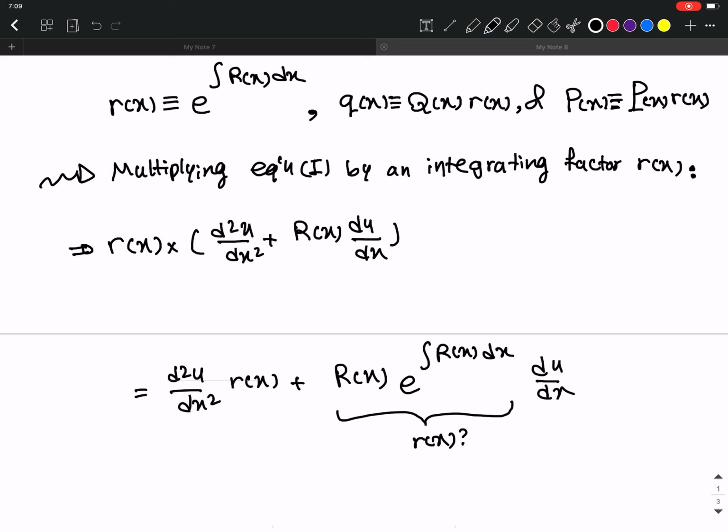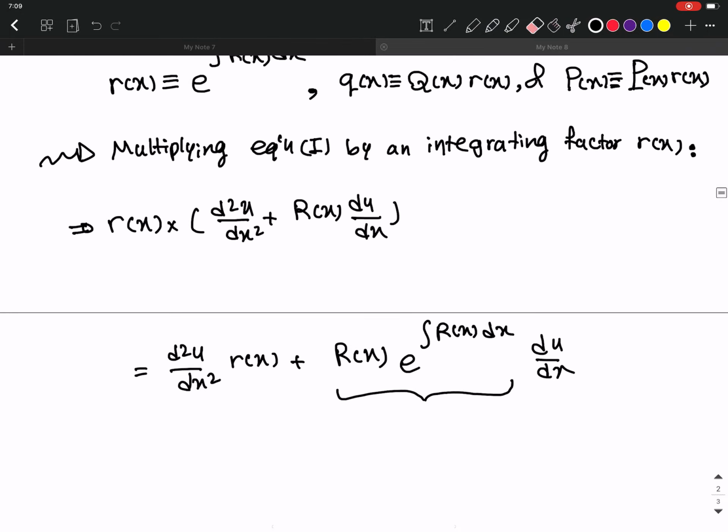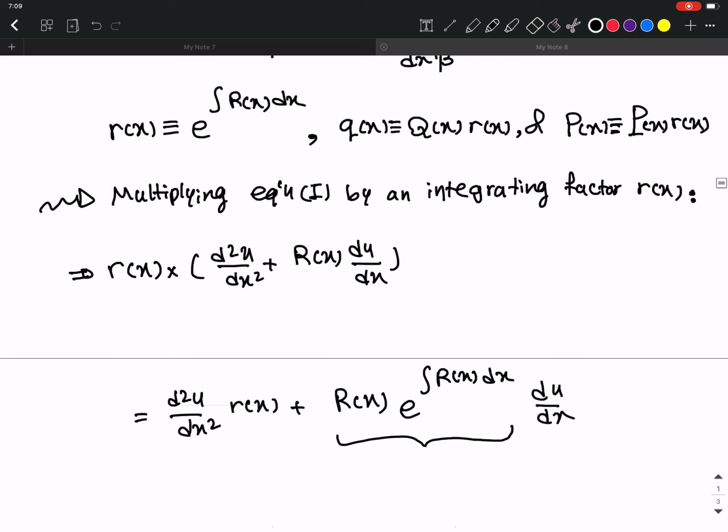So if you have thought about this, this is just dr, the derivative of r with respect to x. We can just calculate it. Just put here e to the integral of R(x) dx, and then you're going to get this term.